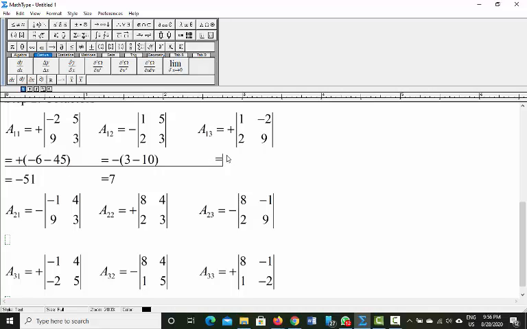Now we will calculate these ones. Here is a plus, and as I said, first we will multiply the right diagonal elements. So first we will multiply this 1 with this 9. So 9 multiplied by 1, we get 9 here. And then this is the minus from the formula.